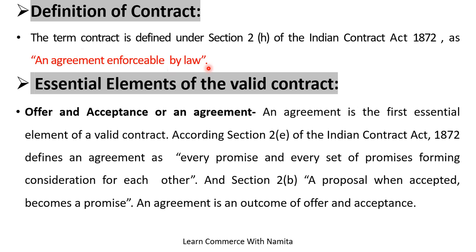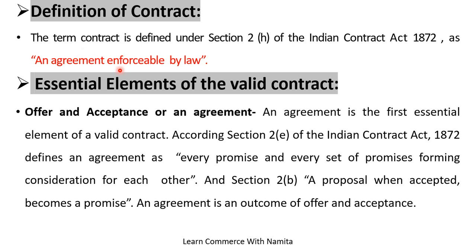Contract. Now for example, if A sells a car to B for 5 lakhs, there is an agreement between A and B. A is going to sell the car to B for 5 lakhs.